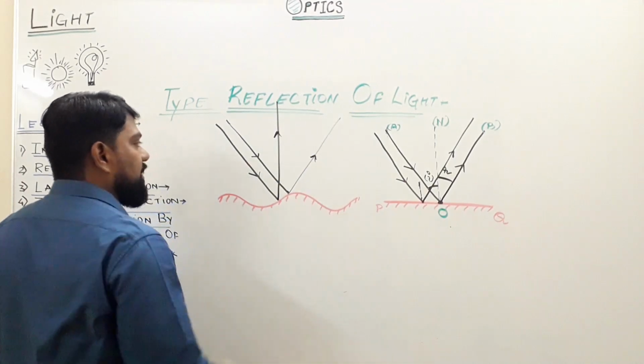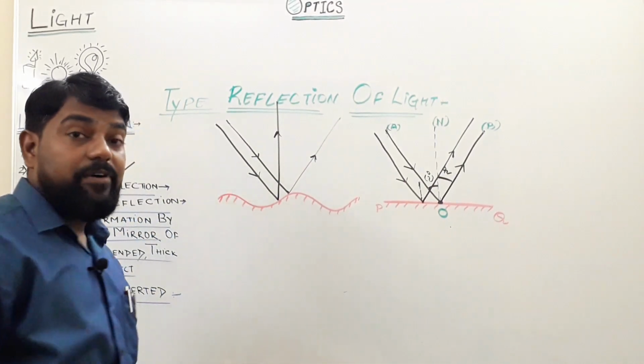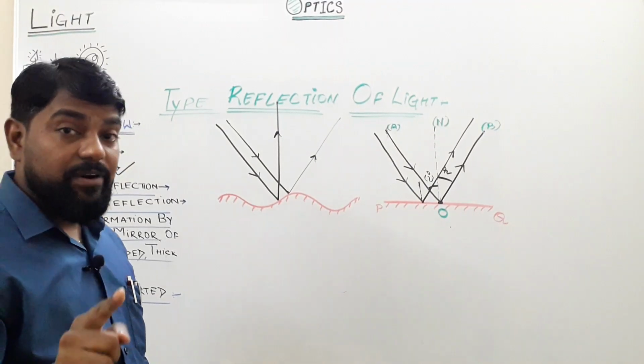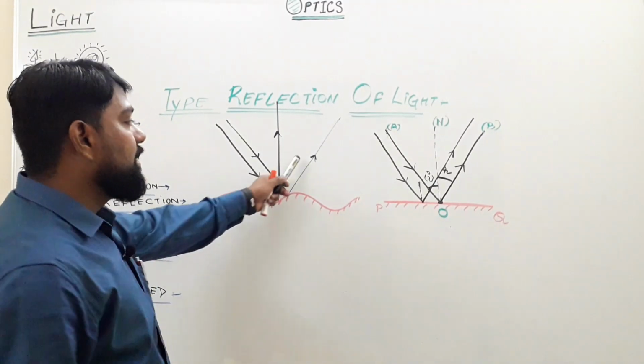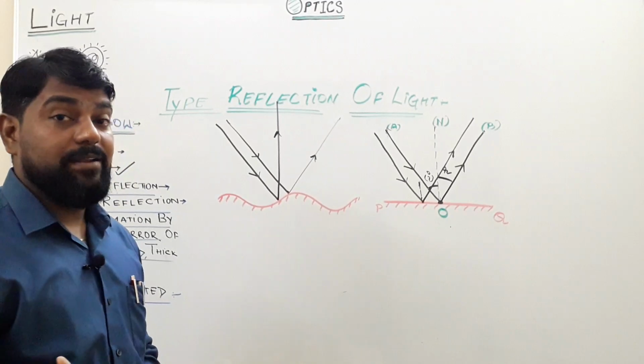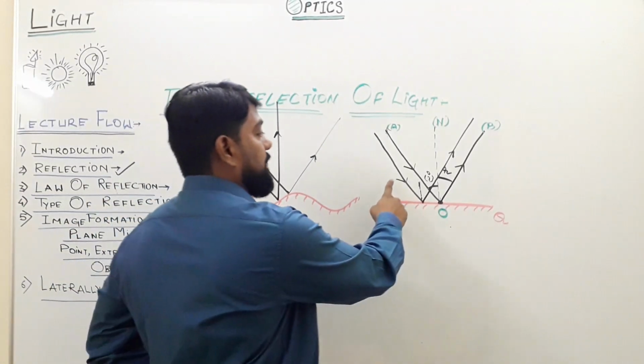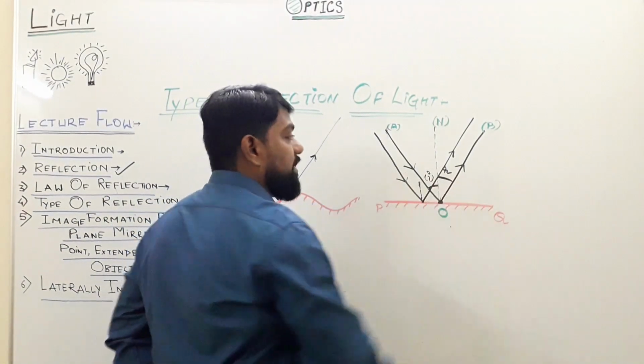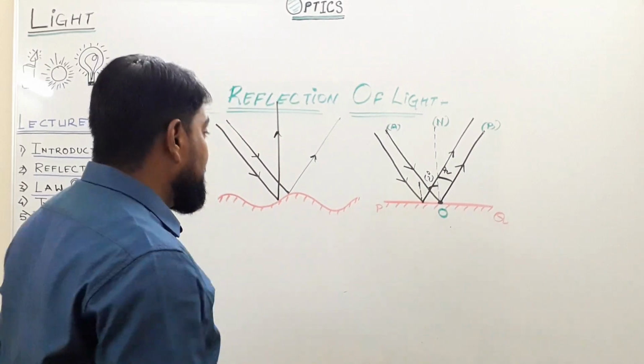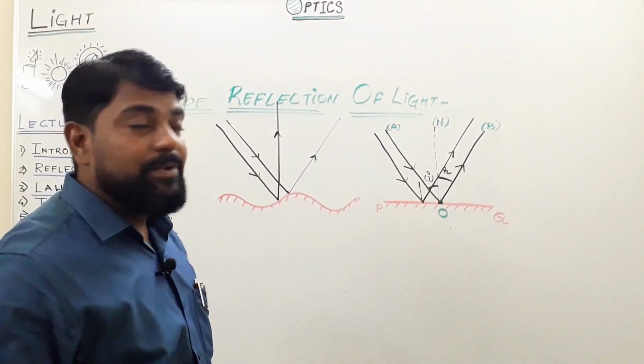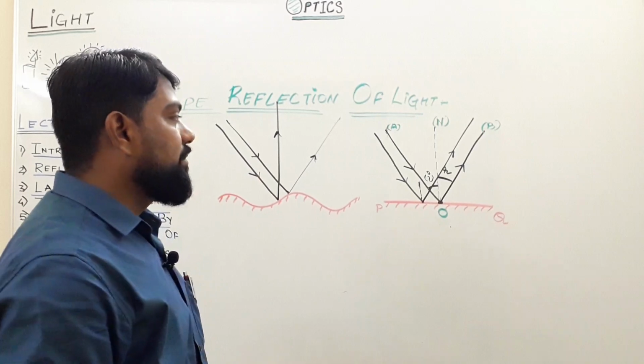So we can see that in this case, for parallel incident rays, the reflected rays are not parallel. But in the other case, for parallel incident rays, the reflected rays are also parallel. This is the only difference between these two types of reflection.